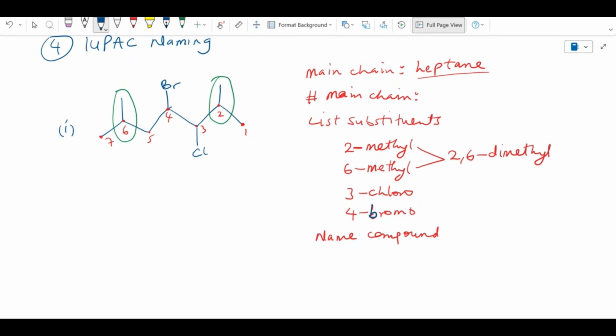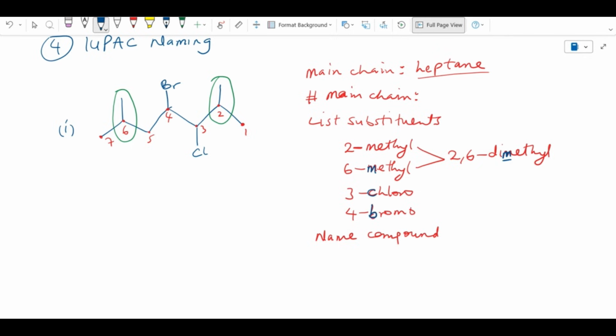Alphabetically, B comes before C, which then comes before M. And whenever you're determining which substituent to name first based on alphabetical order, you don't compare the prefix. You only compare the first letter of the substituent. So in this case, it's going to be M and not D.